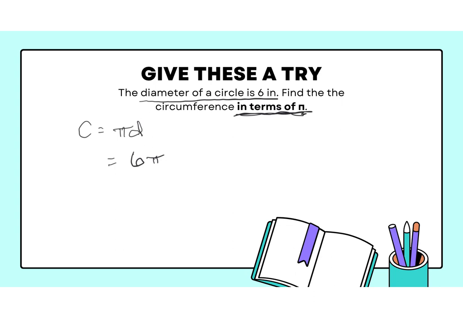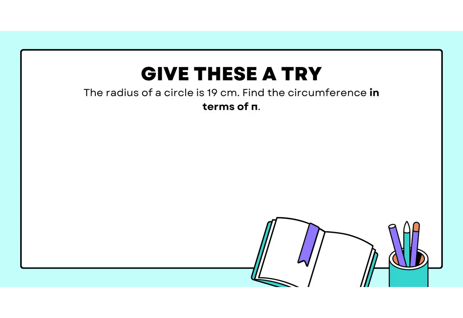My answer is just 6 pi, except I got to put the units on there. Can't forget that. That's inches. Now on Delta Math, there will be a little button underneath the answer box that kind of looks like this. That'll be your pi button. That's how you get that in. So you type in a 6 and then hit that button, and then it should say 6 pi for you.